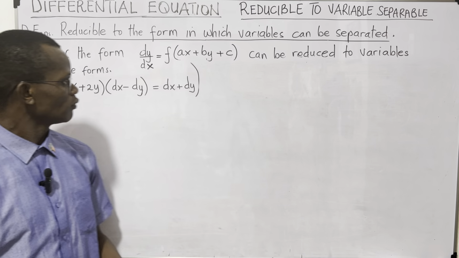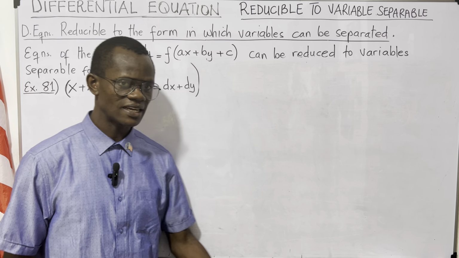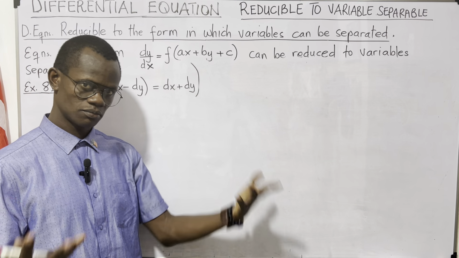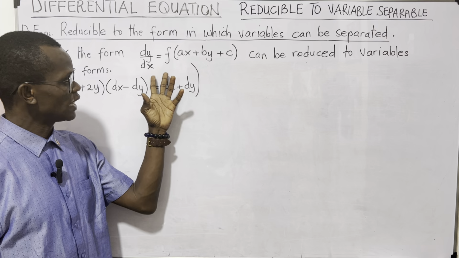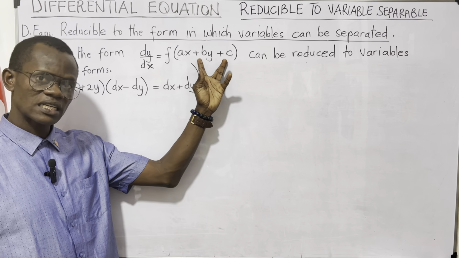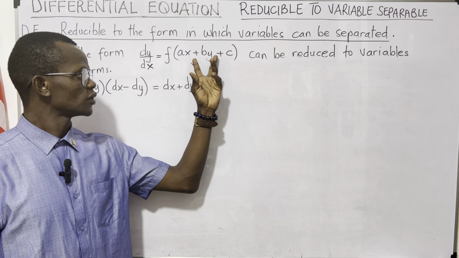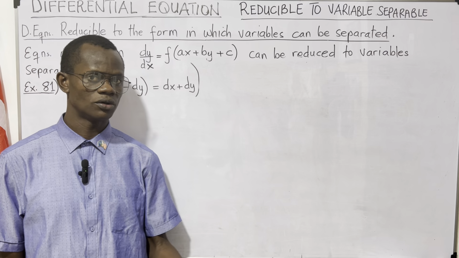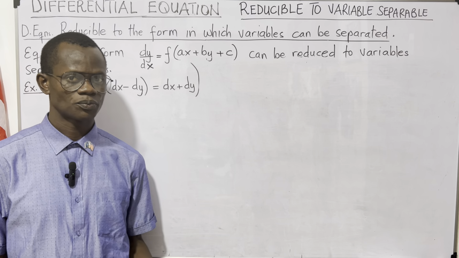So we said in case we have a differential equation of this form, dy by dx is equal to ax plus by plus c, what we need to do is to substitute this particular function with some other single variable, and then we differentiate both sides of that new equation.